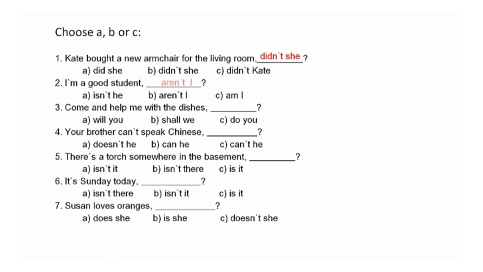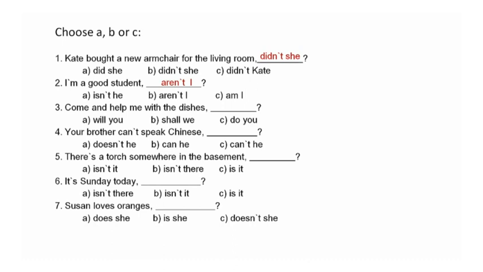Number 2. I'm a good student. What's the correct question tag for this sentence? Is it A, isn't he, B, aren't I, or C, am I? The correct answer here is aren't I. Am always becomes aren't in the question tag.